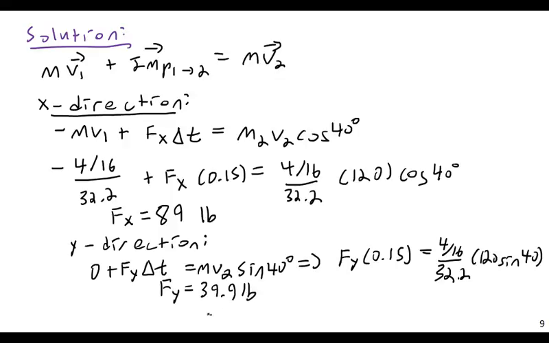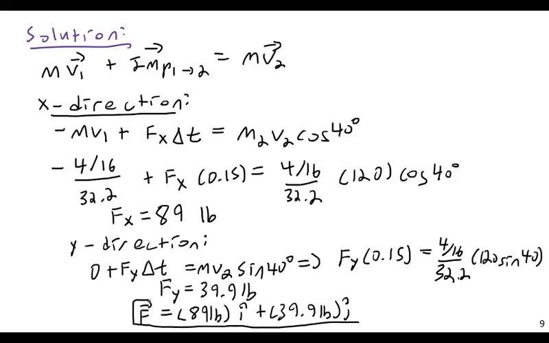So our overall F, our final result that we would report, would be 89 pounds i plus 39.9 pounds j, and that's our vector form.